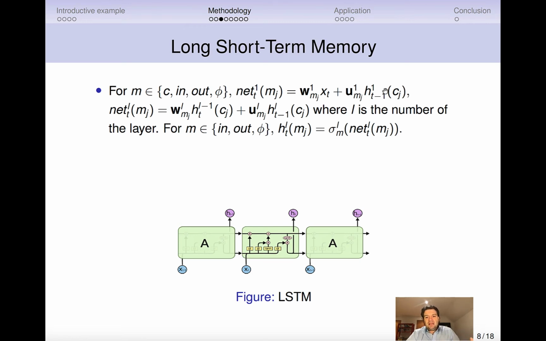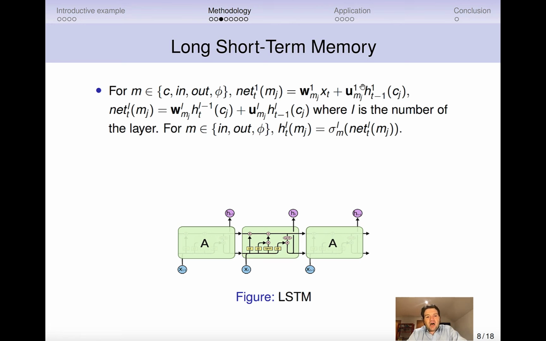This is the output of the neural network at the previous step for the cell state, for the main line, the main part of the neural network, but at the previous step for cell Cj, and we have an output, but not necessarily the output. This is the output if you only have 1 layer.